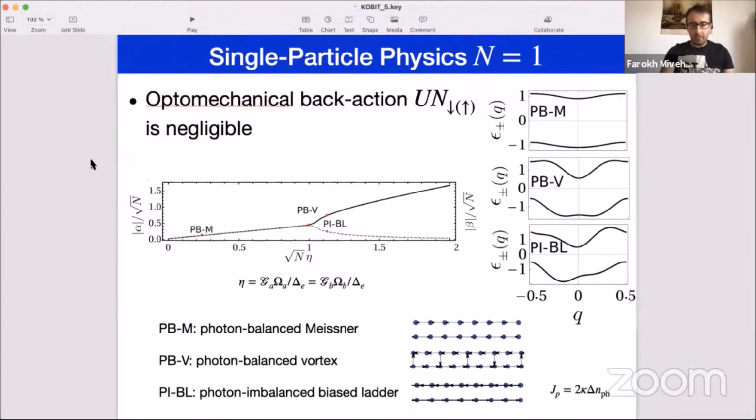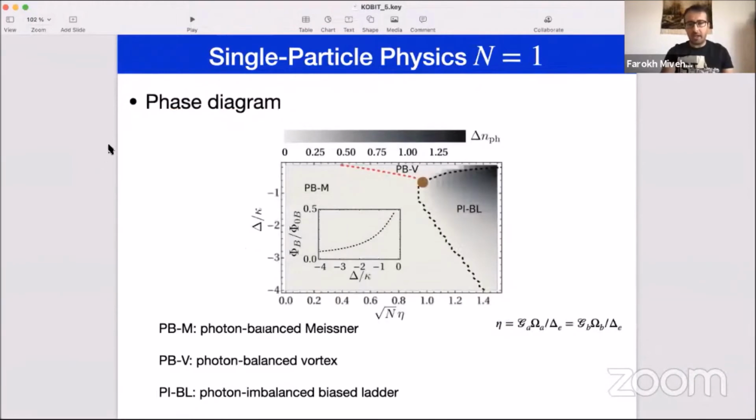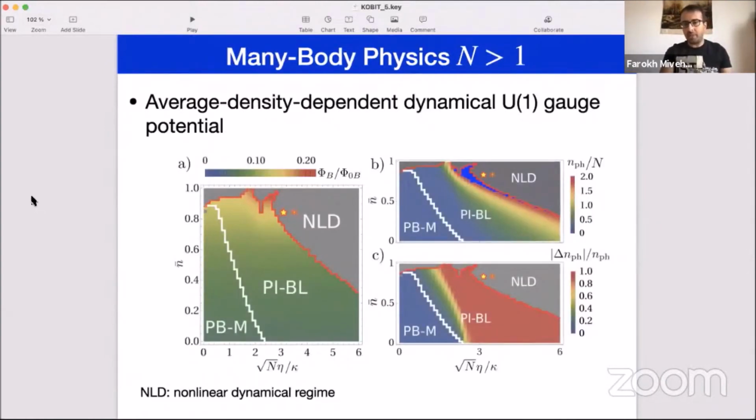So then we characterize the phase diagram. We show the phase diagram in the detuning versus the atom-photon coupling rate plane. But the interesting physics appears when we go to the many-body case.